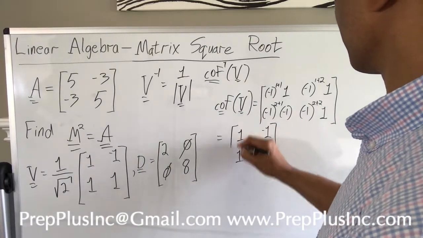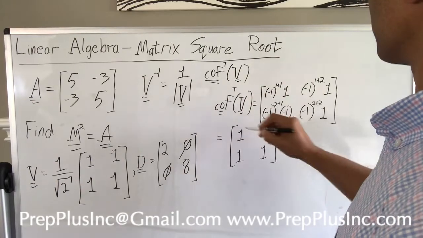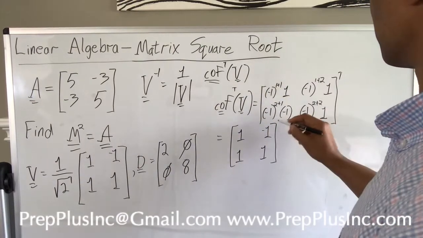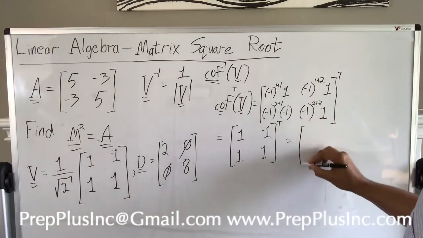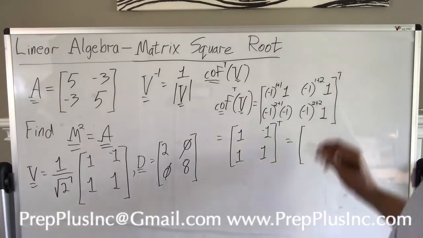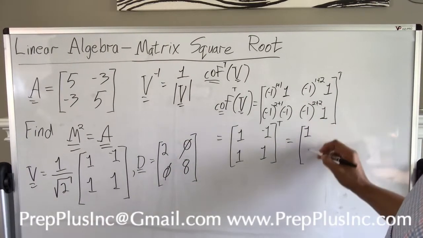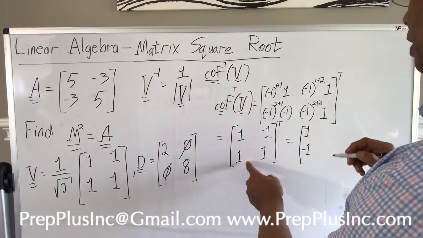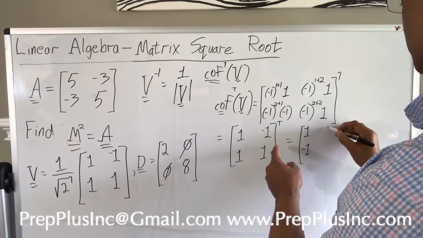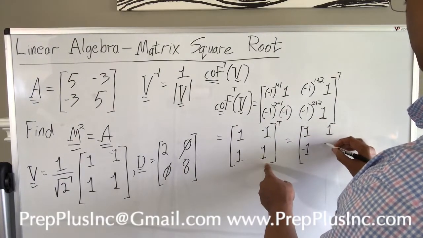And then we want the transpose of this, which is 1. We're going to put that down there. The minus 1 goes down there. Then this 1 goes up here, and the diagonals are the same.